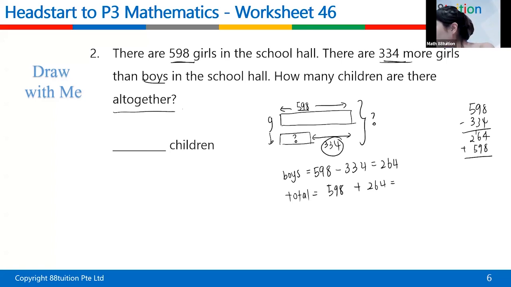Very good. So 8 plus 4 is 12. 9 plus 1 plus 6 is 16. Then this is 8. So 862. Very good job. Okay? So this is the answer.